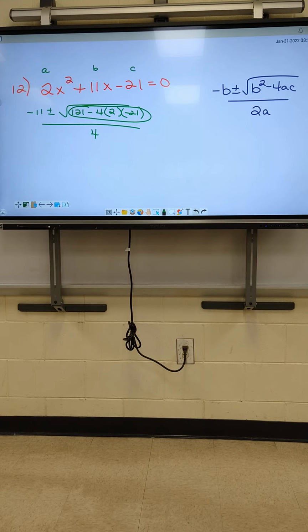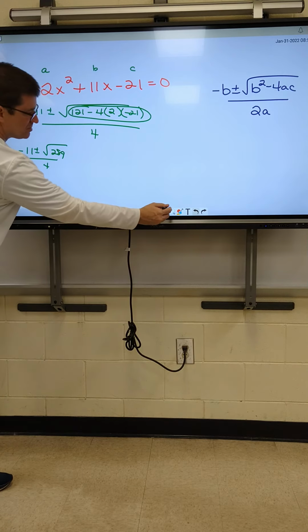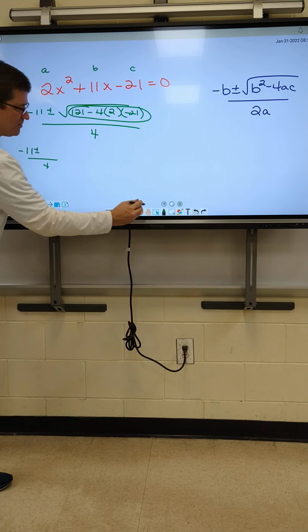All right, what y'all get when you punched it in? 289. So I got negative 11 plus or minus the square root of 289 over 4. Now, what does the square root of 289 simplify down to? 17. So I'm just going to erase this and put a 17.